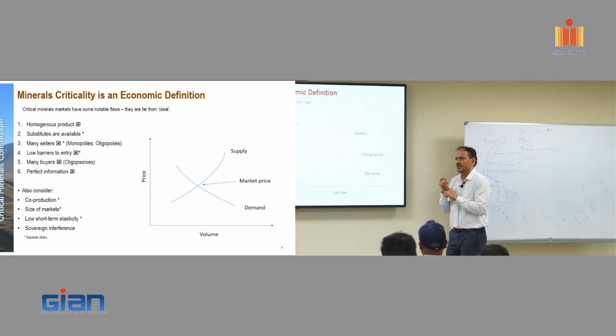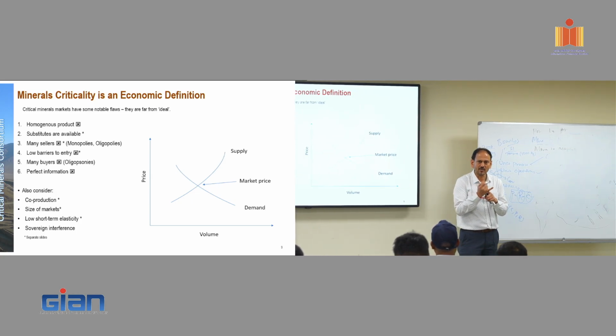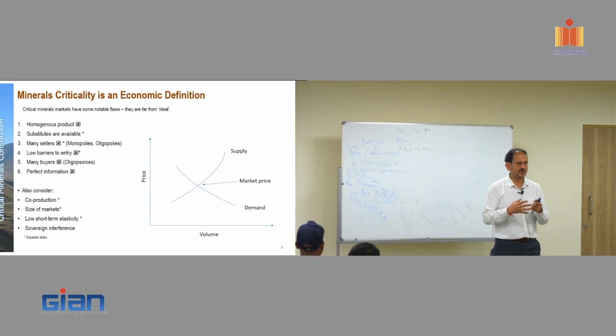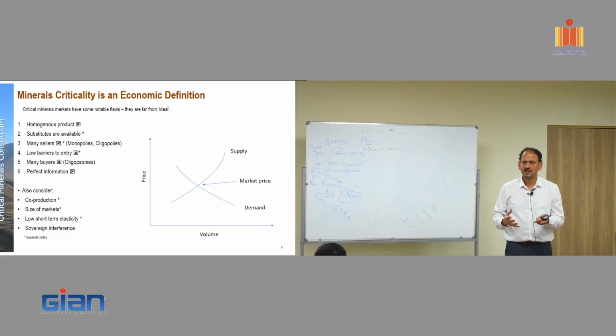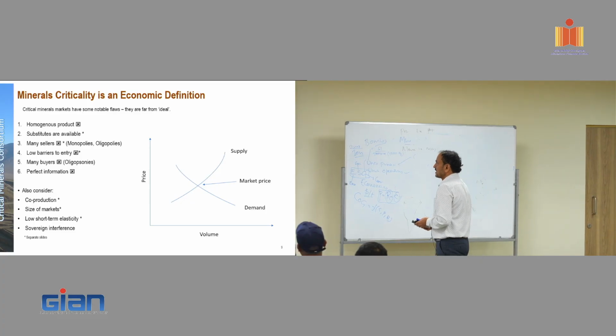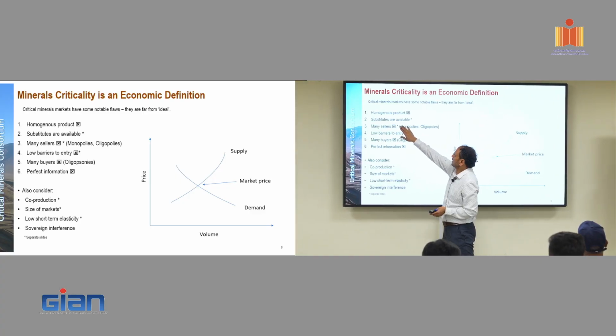So one important attribute of an ideal market is many buyers and many sellers, and market information is clear to everyone. But then there are substitutes available.